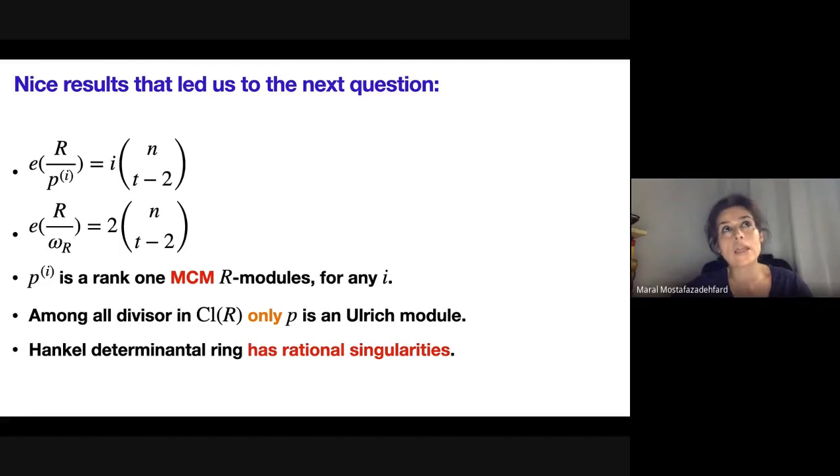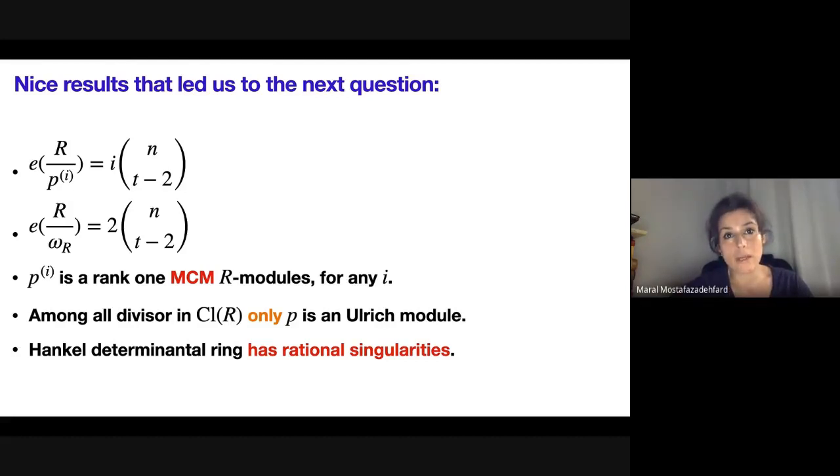What does it mean? It means for any prime number bigger than or equal to the size of the minors, these rings are F-rational, so they are of F-rational type. And we used the theorem of Smith, which says that F-rational type rings have rational singularities in characteristic 0. So, good. We have Q-Gorenstein rings with rational singularities, and all of the elements of the divisor class group are maximal Cohen-Macaulay modules.